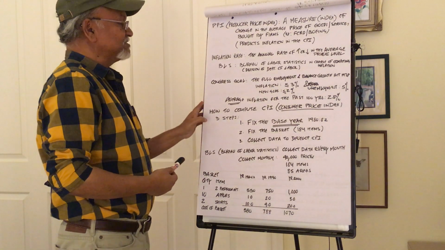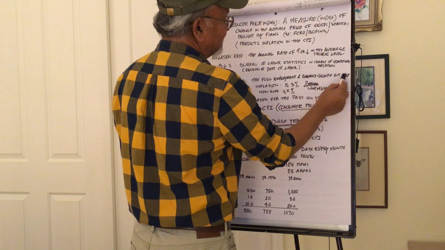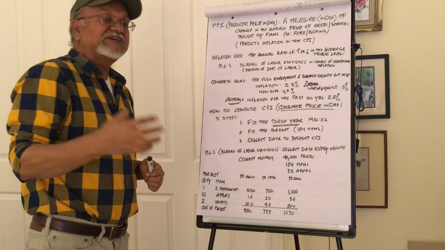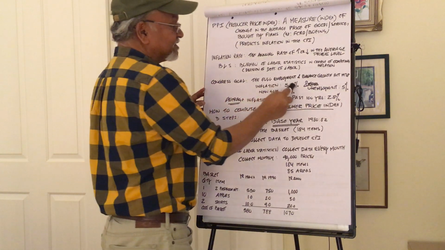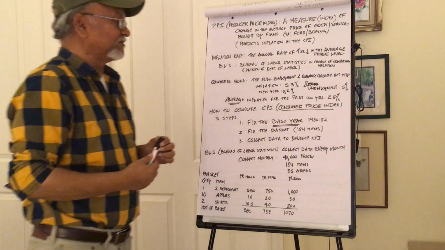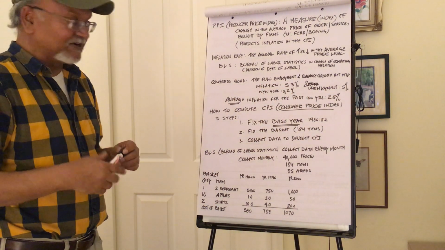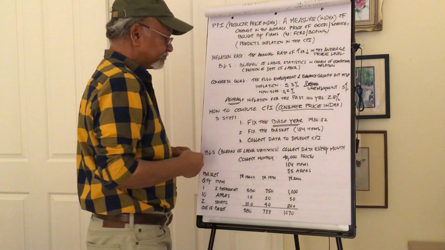So Congress passed an act called the Full Employment and Balanced Growth Act of 1978. There they set a goal for our economy: inflation of 3% or less, and unemployment of 5%. That's the goal they set. A new goal set by the Federal Reserve Bank for inflation is now 2% or less.